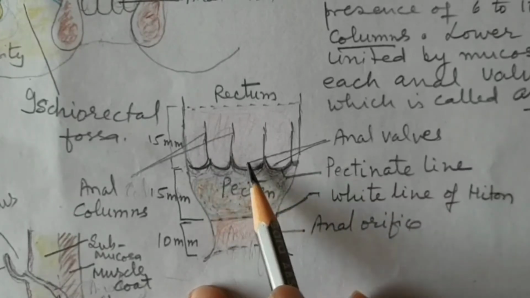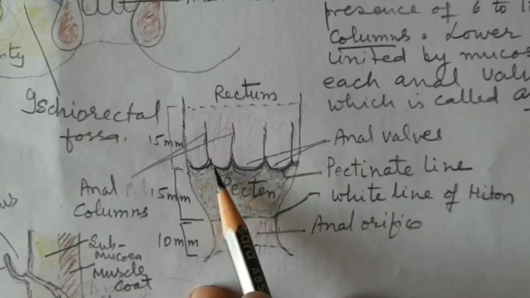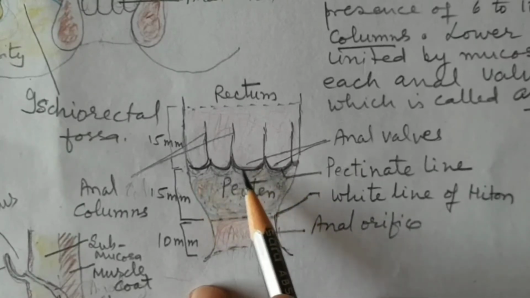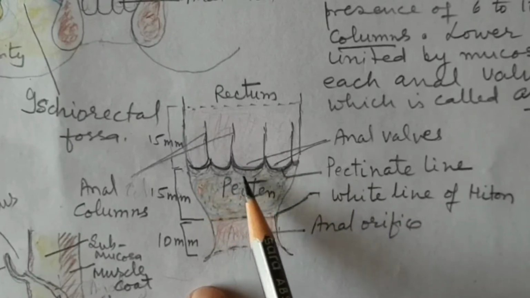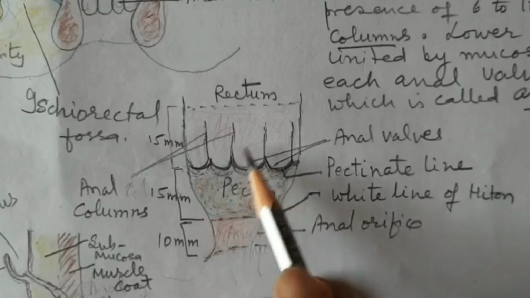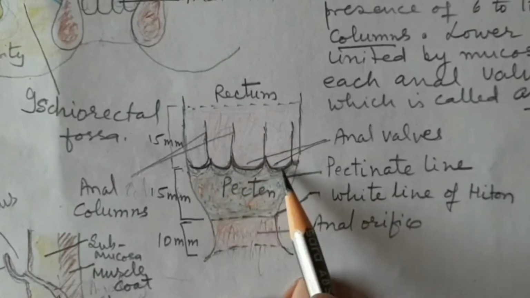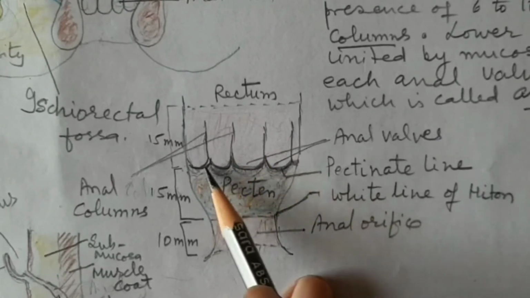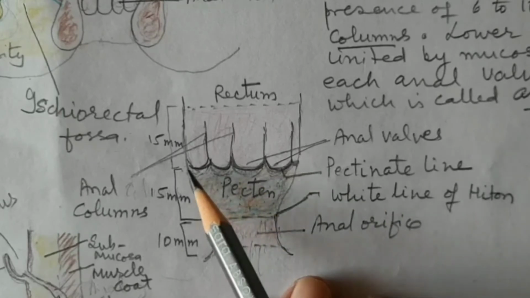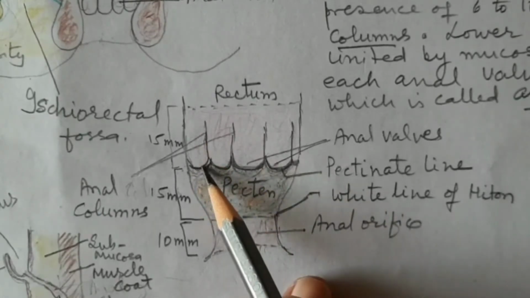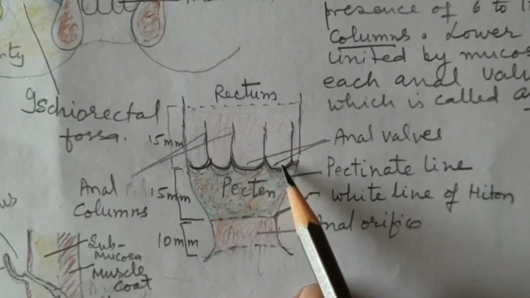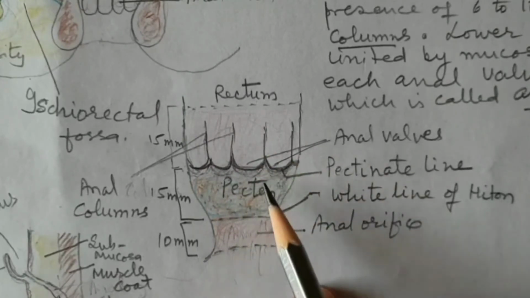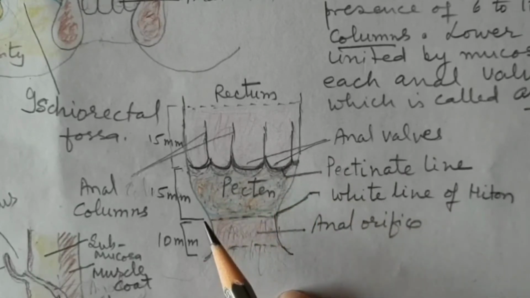Now the presence of this wall gives an irregular line, and this irregular line formed by the anal valves at the bottom of the vertical column is called the pectinate line. So the pectinate line is the lower limit of the upper part of the mucosa, the inner lining of the anal canal.